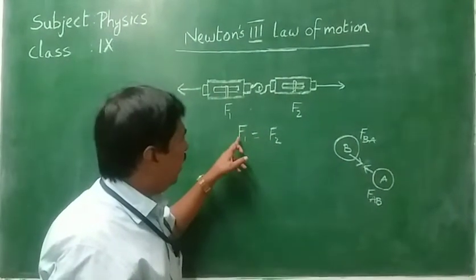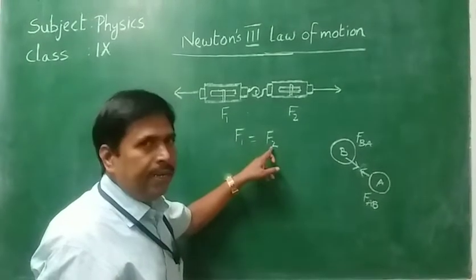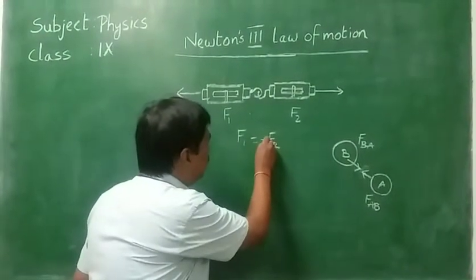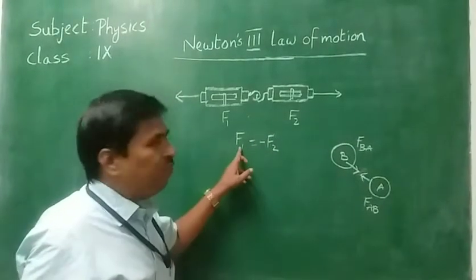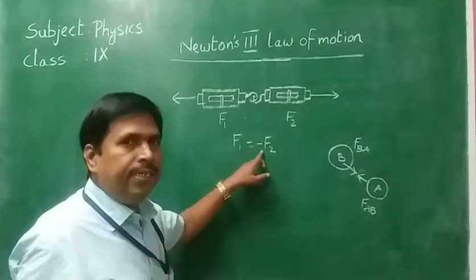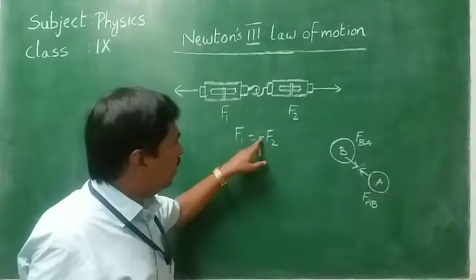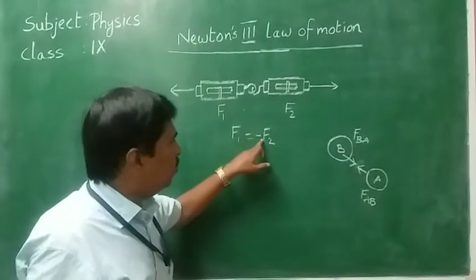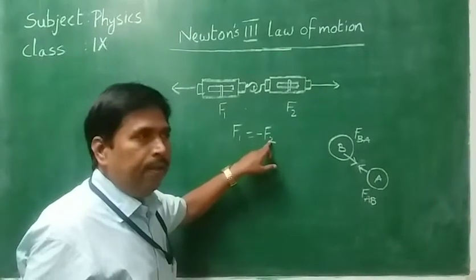So this is said to be action, and the other is said to be reaction. But the directions are opposite, so the magnitude of force is equal, but the direction is opposite. For that, you have to use a negative sign. So F1 is equal to minus F2.